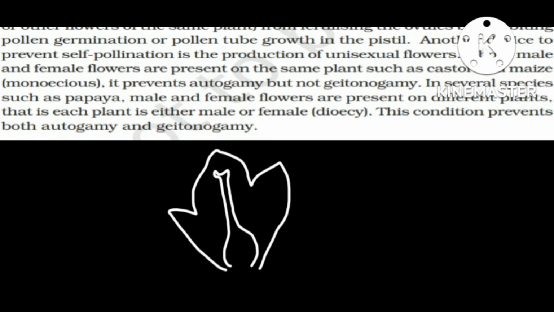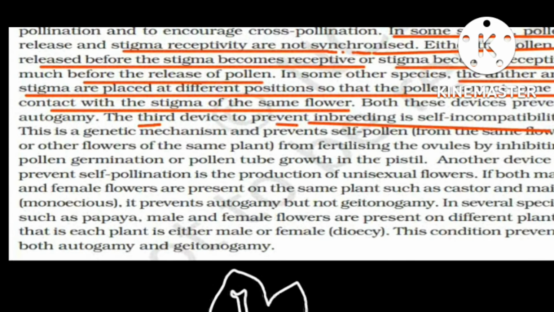The anther can be in another position, like this. If that's the case, it will be difficult for these anthers to come in contact with the stigma within the same flower. Thus, self-pollination can be prevented by location. The positions of stigmas and stamens are different. Now, both these devices can prevent autogamy, that is self-pollination.